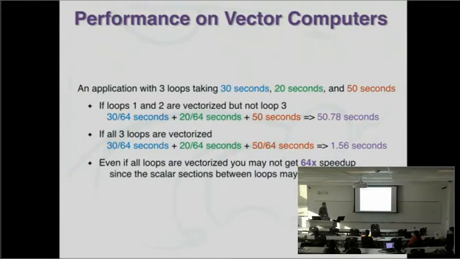And that's one of the things that makes vectorization or parallelization difficult. So again, if all of them are vectorized, then you get 64 times speed up. There are other reasons why it may not be 64. Maybe you get a 60 times speed up. That would be pretty good in most cases. But at least you're getting the majority of your potential speed up.